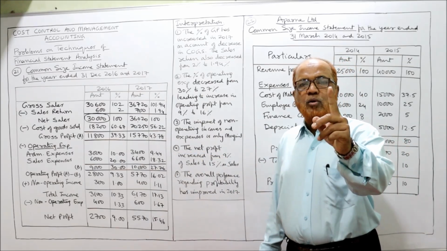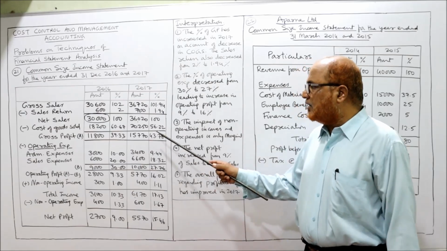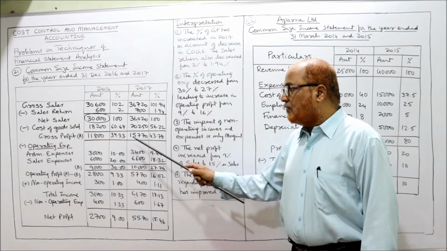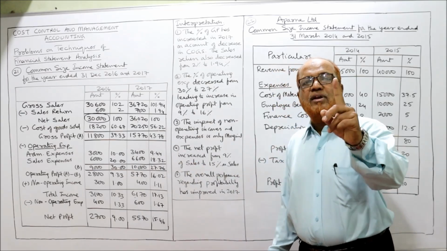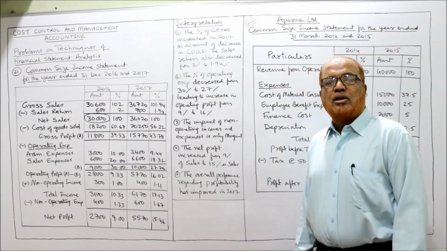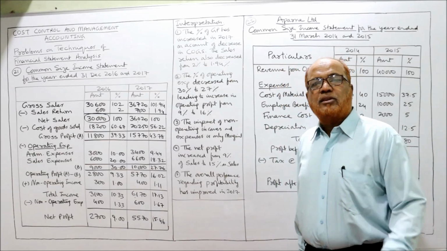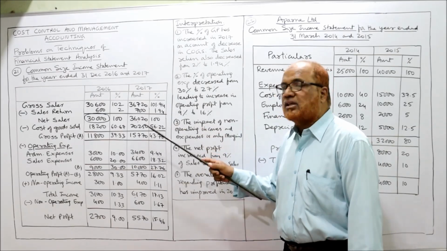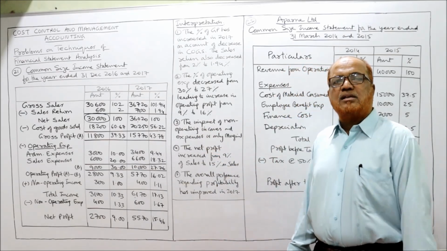For every 100 rupees of sales, we are getting 43.78 as gross profit in the current year, whereas last year, for every 100 rupees of sales, 39.33 was the gross profit. So you can write in the interpretation that the gross profit percentage has increased during the current year. Why? What is the reason?